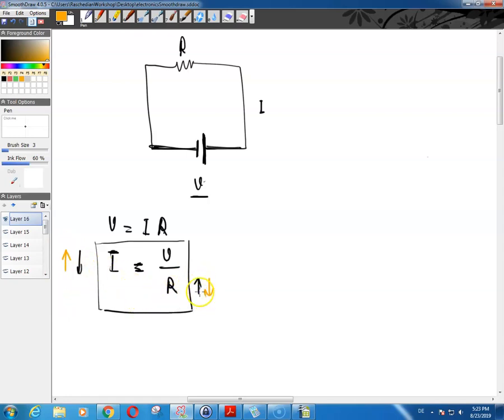Meaning that for higher values of resistance you will get lower values of current. For lower values of resistance, assuming that the voltage is not changed, you will get higher values of current. So that way you can control the current going through a circuit.